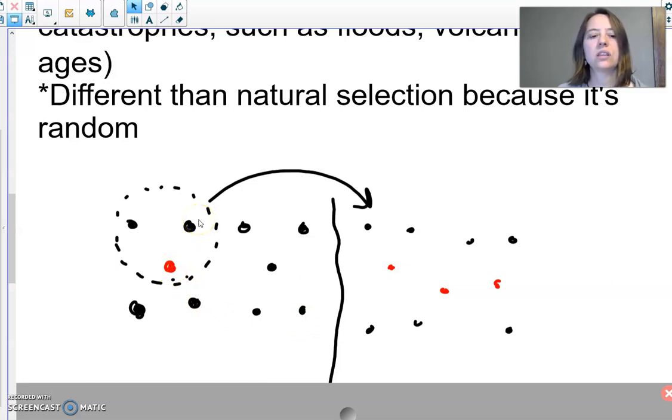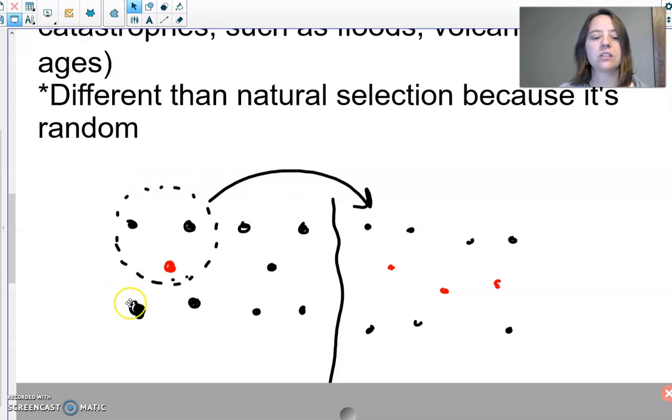So let's use the founder effect. These 3 individuals are like, nope, we're going over here. It just happens that the individual with the red allele decided to go over there, and now it makes up 30% of the population. So it wasn't because the red allele was better, it was just because it was part of this small population that moved over here.